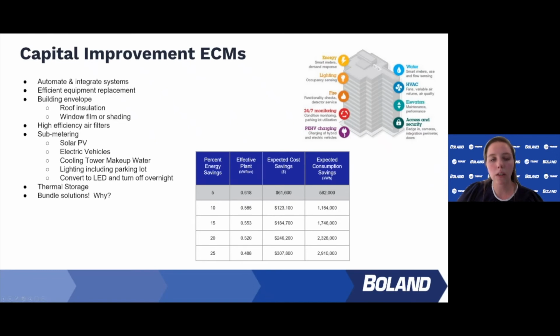And then one more example I just want to highlight here. There are a lot of sub-metering projects that you can do, and that helps you look at your system and granular data, so you can really see how everything is operating. You can even save money by sub-metering your cooling tower makeup water.